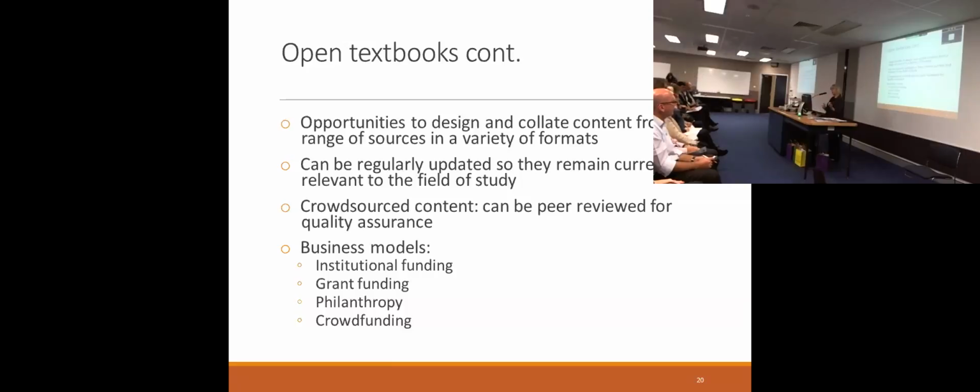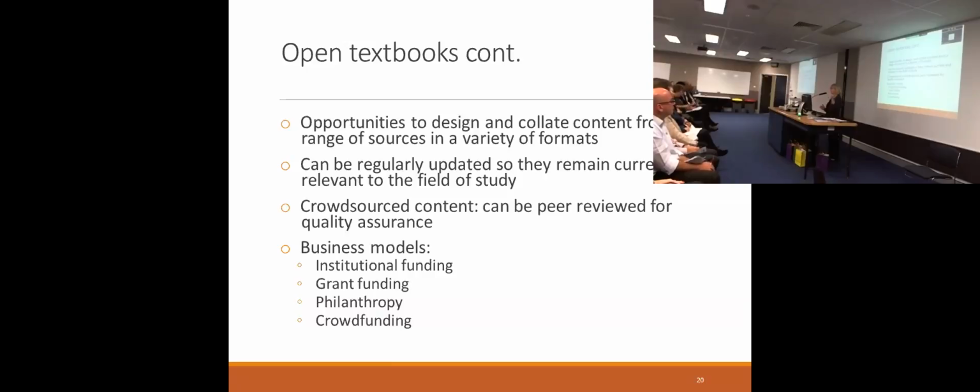And certainly in the United States, again, the business models for open textbooks is quite interesting. There's institutional funding where a university will actually say, we'd like to get into this market and to encourage our academics to create their own materials. There's grant funding, so you can apply for research grants to do it. A lot of philanthropy.